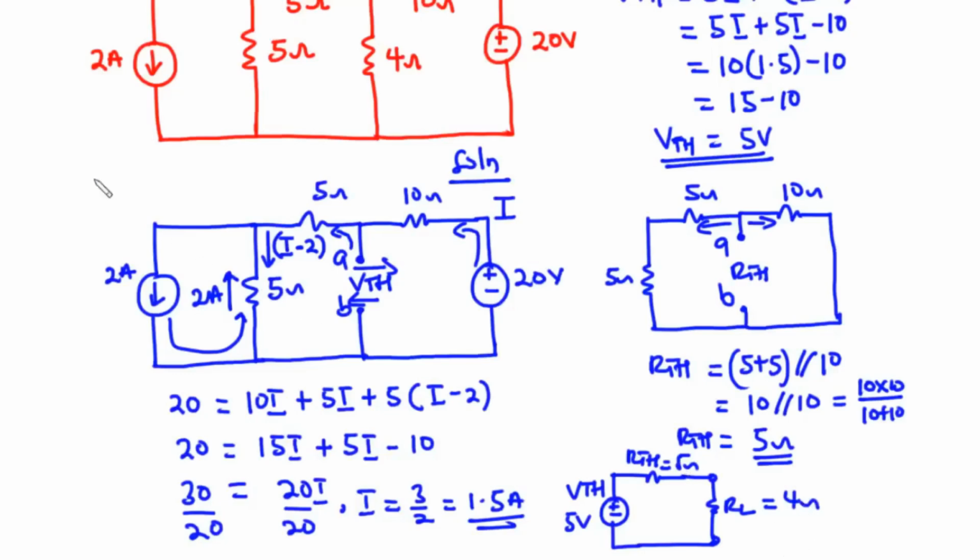To find the value of the current flowing through the 4 ohm resistor, I for 4 ohms is equal to VTH, which is 5, divided by RTH plus R1. So that is 5 by 9 amperes. Now 5 by 9 is equal to 0.556 amperes. So this is the current that flows through the 4 ohm resistor.